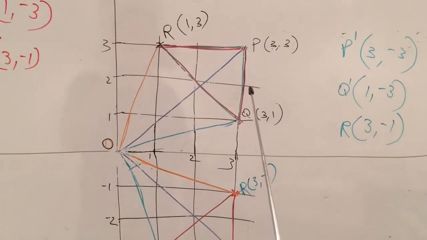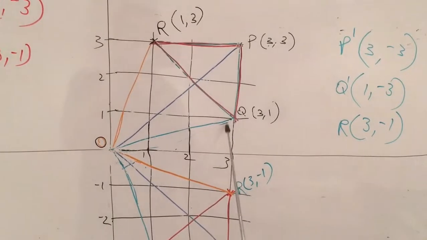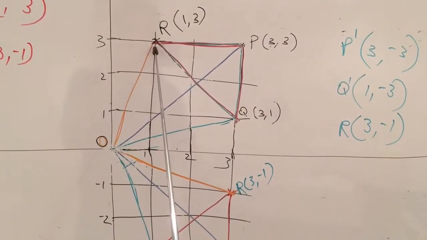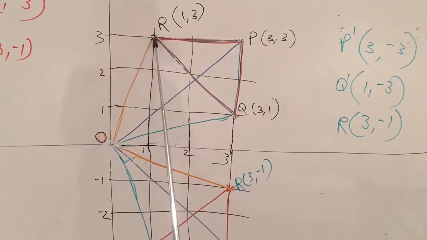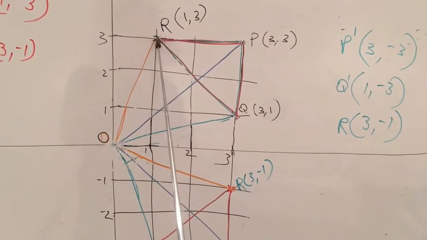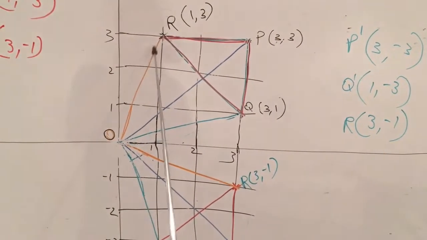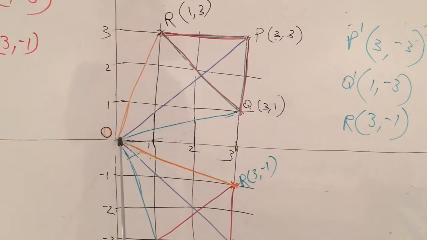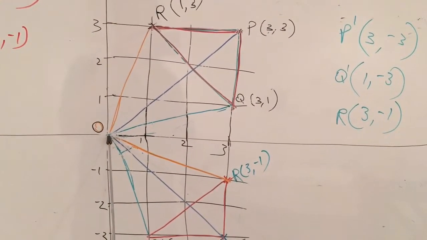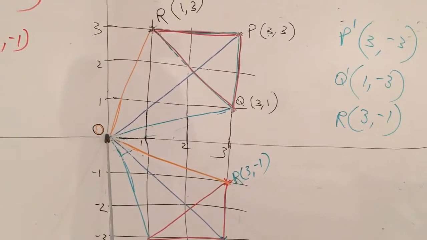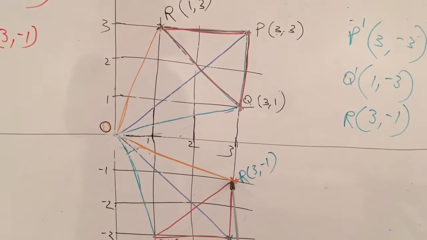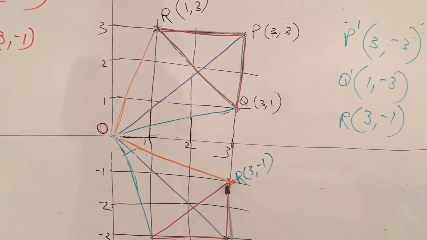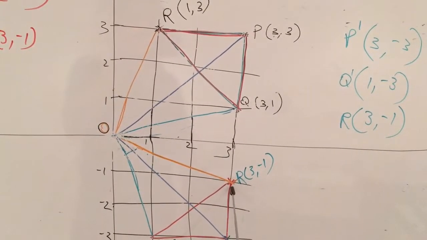Same as we rotated P and Q, rotate this point R also, okay? So this is point R. Just draw a line. If you have a protractor and a ruler, just draw a line to the origin, and then rotate this line 90 degrees. So you can mark point R dash here, okay?